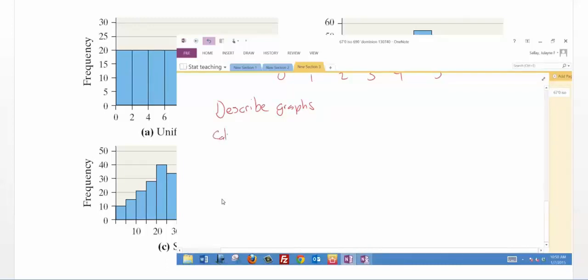Categorical are the bar graphs, double bar graphs, and the circle graphs, the pie graphs. Those all fit under that category. With those kinds of graphs, all we can really do is talk about the most versus the least observation.